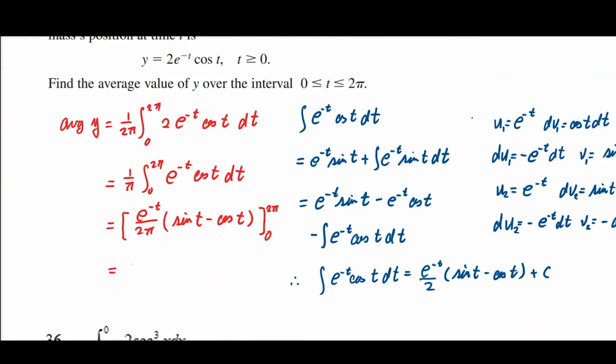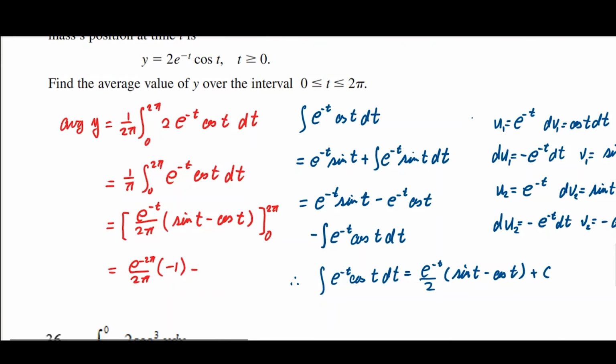So this is e to the negative 2 pi over 2 pi, right? Times negative 1, right? Because the 2 pi gives you 0 and this gives you 1 with a minus sign.